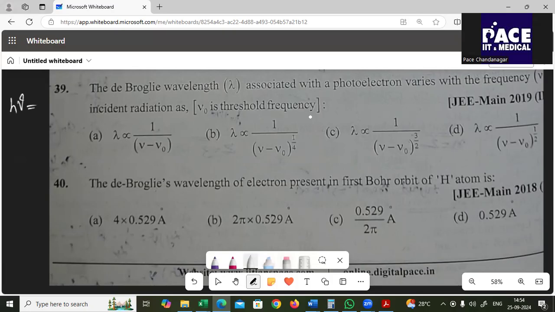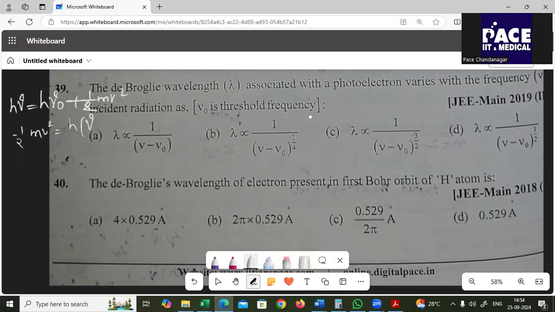h nu is equal to h nu naught plus half mv square, right? This is what we know. So in that case, half mv square is equal to h nu minus h nu naught, which is h of nu minus nu naught there. So nu minus nu naught is equal to 1 by 2h into mv square, which means nu minus nu naught is directly proportional to v square.